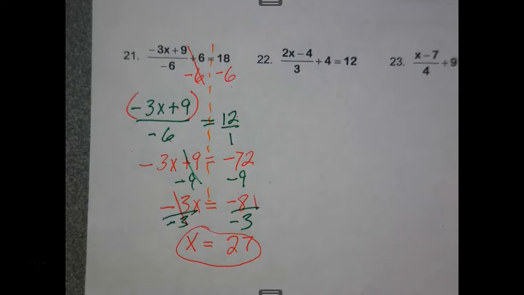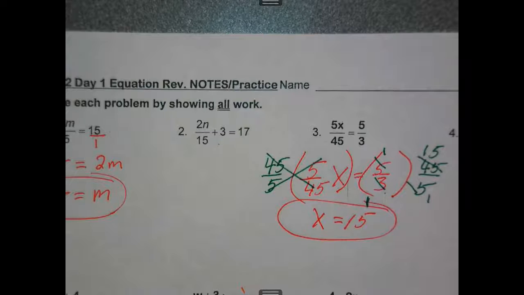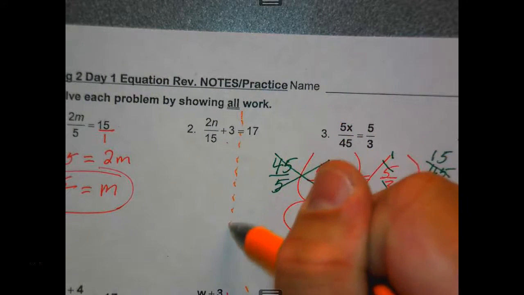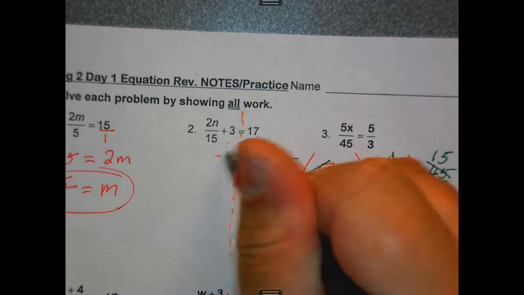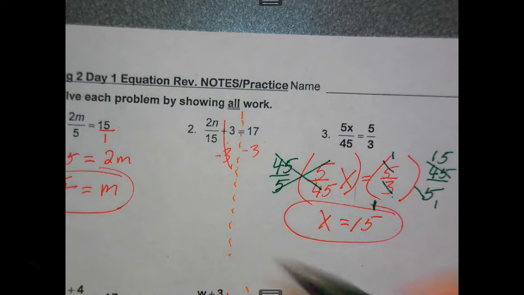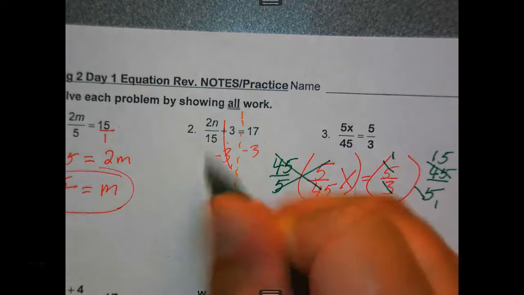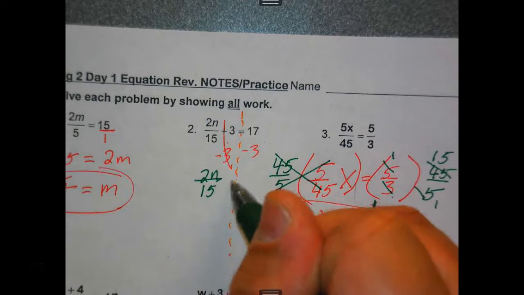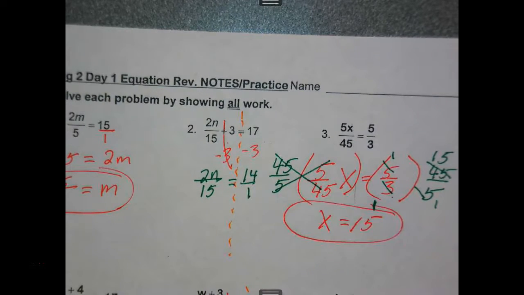Number 2, sure. Subtract 3, subtract 3. Now, did you use cross multiplication? Yeah. Okay. So I'm going to keep it as 2n over 15 equals 14 over 1.